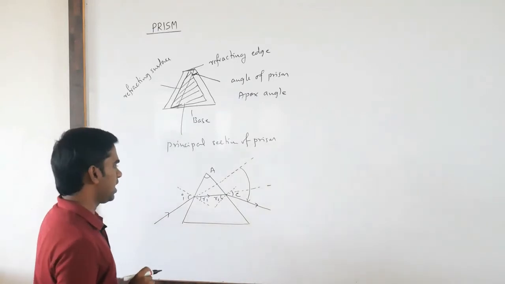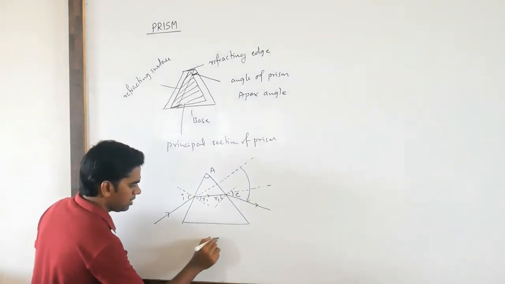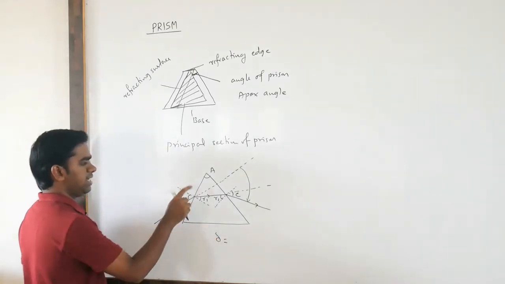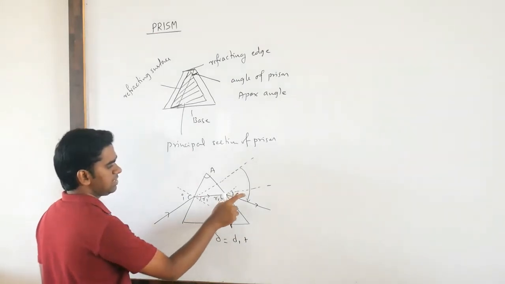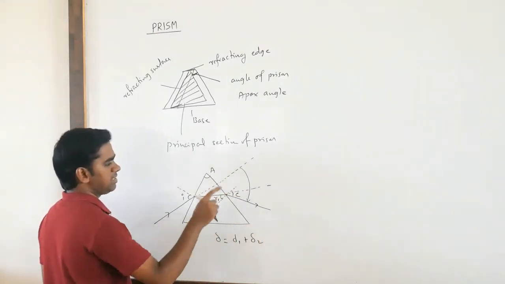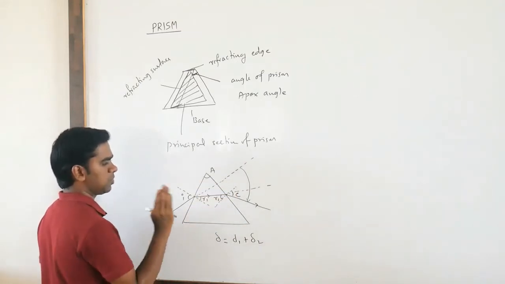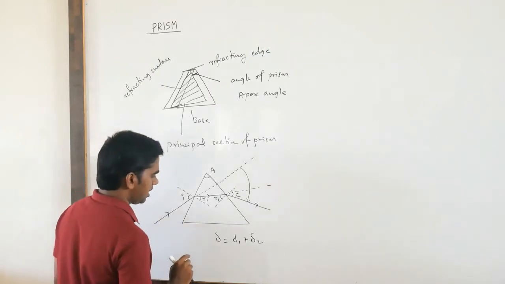To calculate it, the total deviation delta equals the deviation at the first surface, delta 1, plus the deviation at the second surface, delta 2. Why plus? Because both deviations are in the clockwise direction. If one were clockwise and the other anti-clockwise, you would take a negative sign.